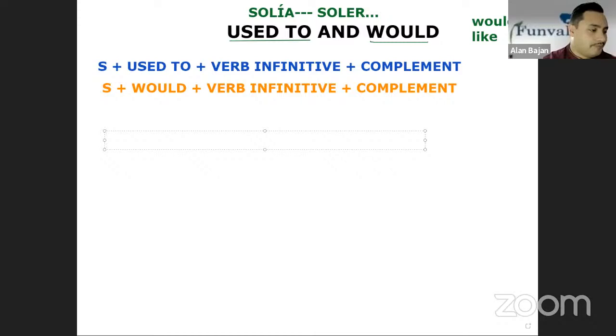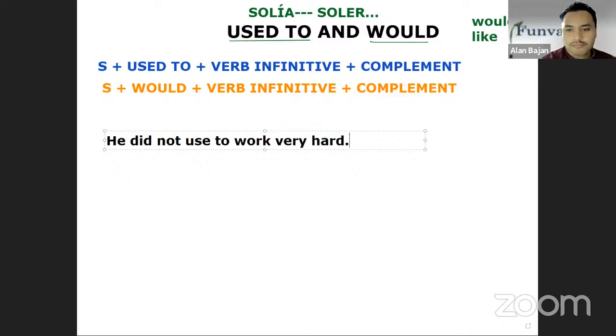Let's see this example. He did not use to work very hard.